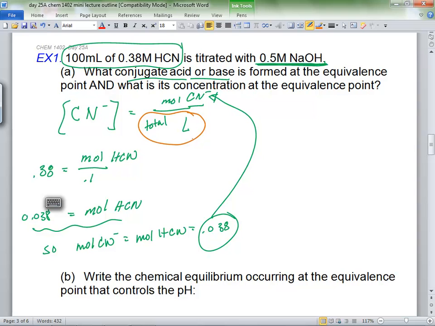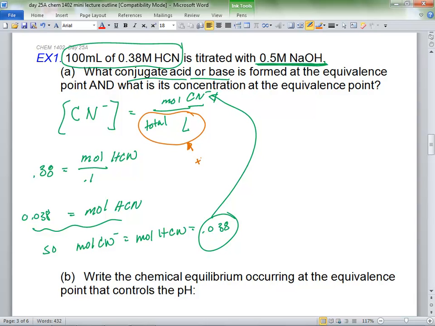This number is going to be what plus what? Which liters? The HCN liters, the 100 milliliters. Well, I can convert it to liters right away.